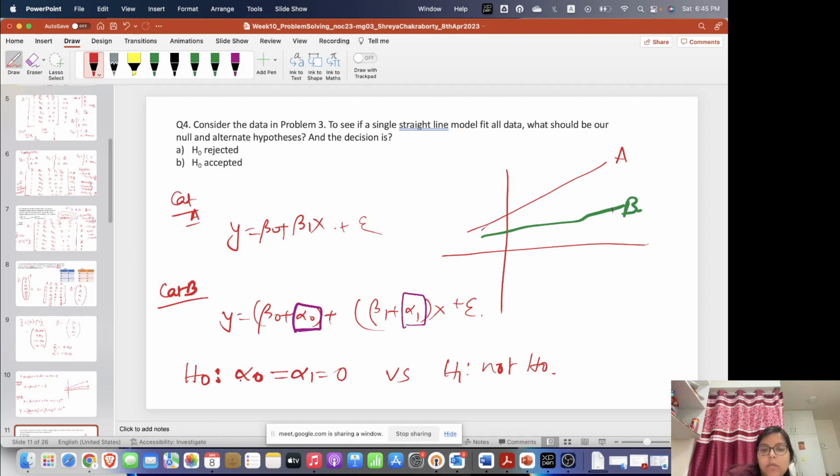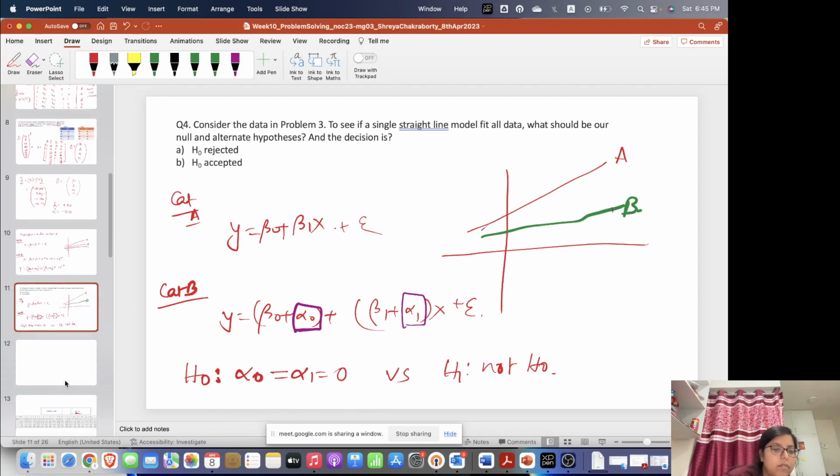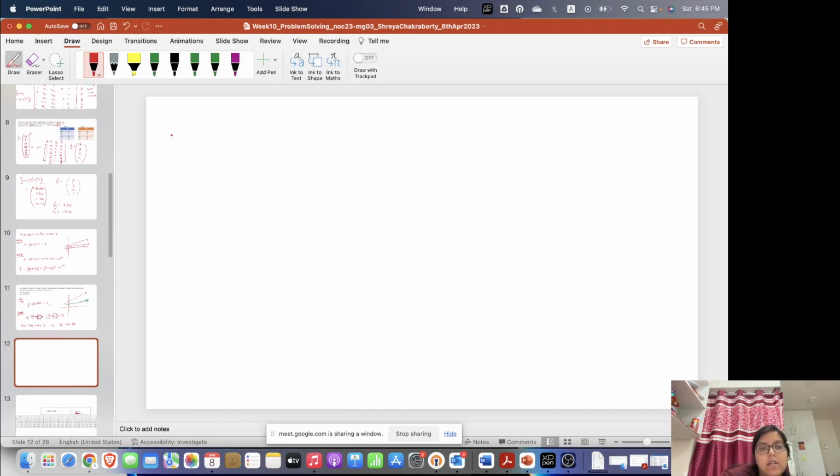Now we have our hypothesis designed. Now we have to test the hypothesis. So in order to test, what are we going to use? We are going to use the F test.